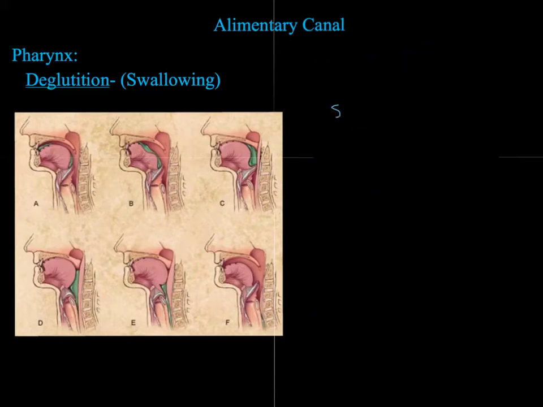A sphincter is a ring of smooth muscle found at the opening or the end of a passageway.